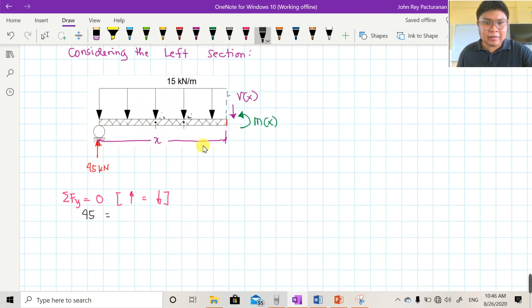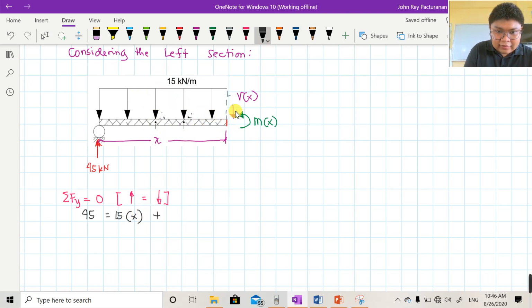Your treatment of X is, again, a measurement of distance. So it becomes 15 times X. It's downward, right? So automatically it is 15 times X.